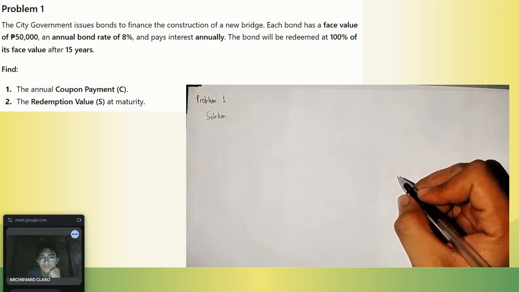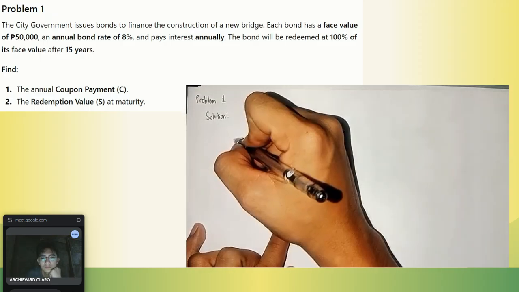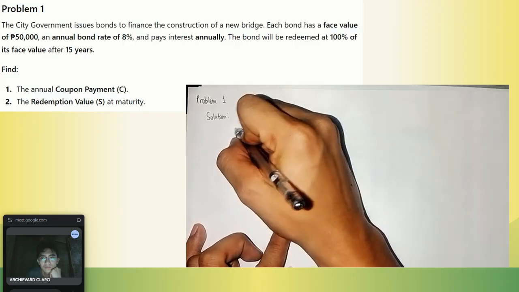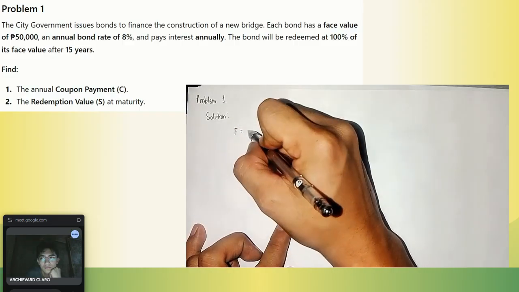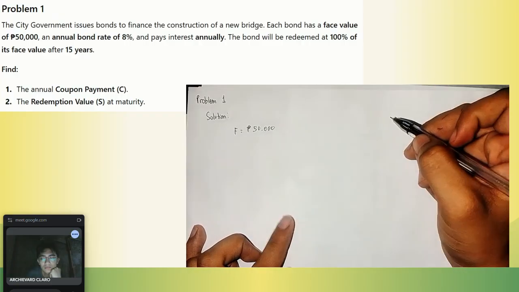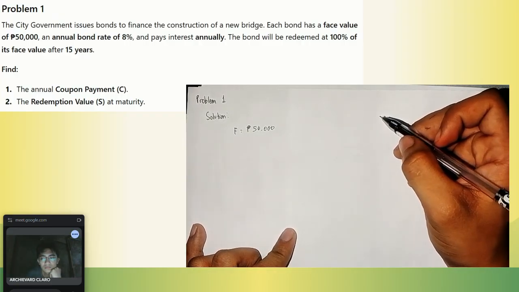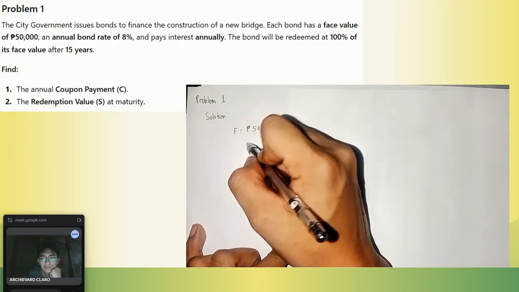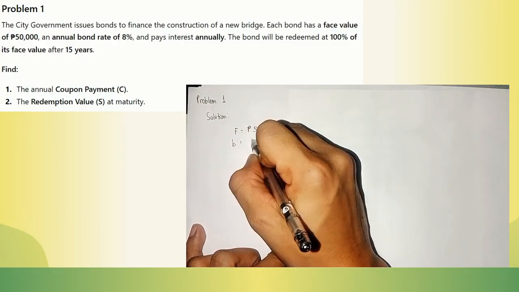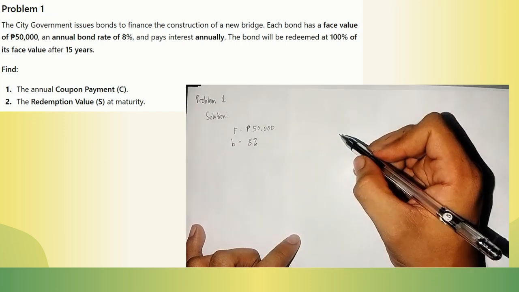Now, first, we will list down the given values. So we have our face value is equals to 50,000, an annual bond rate of 8%. So we have B is equals to 8%, and pays interest annually.